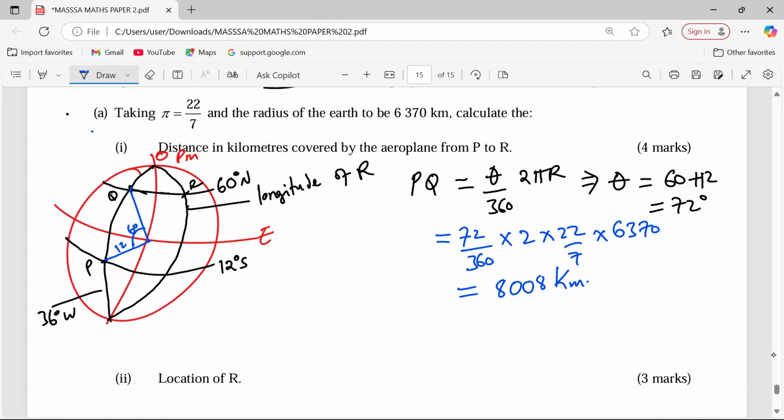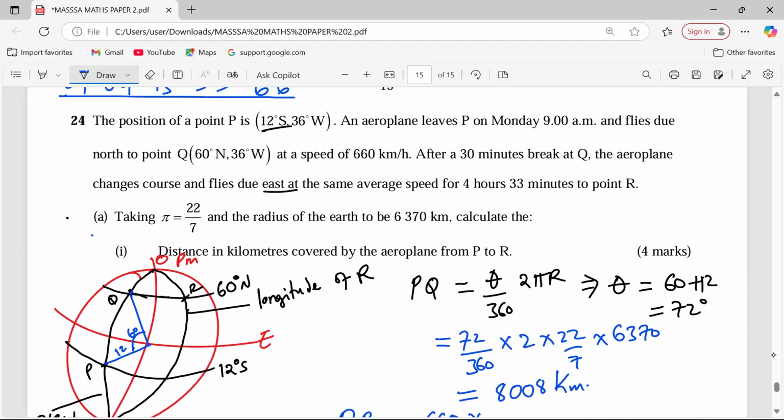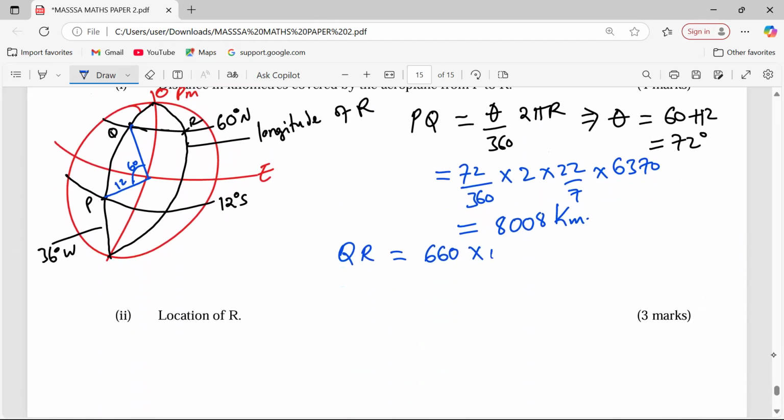But now from Q to R, the distance from Q to R, we need the speed of 660 multiplied by the total time taken. The same average speed, 660, for 4 hours and 33 minutes. So 4 hours 33 minutes can be converted to hours: 4 and 33 over 60.